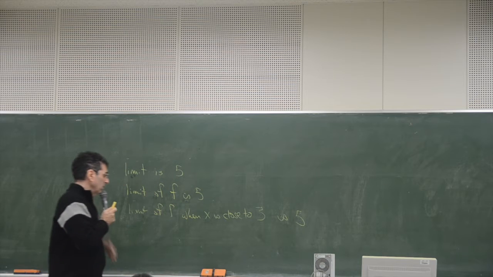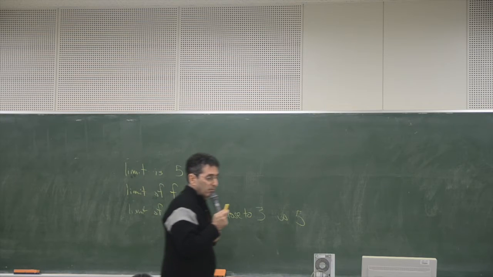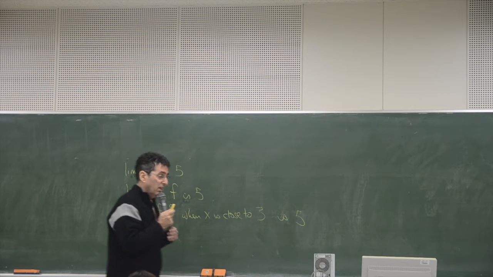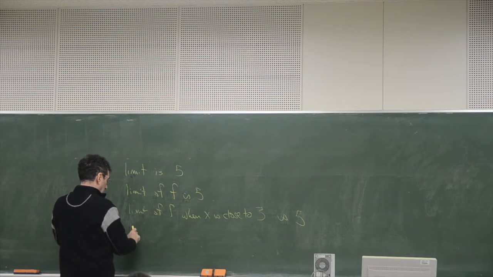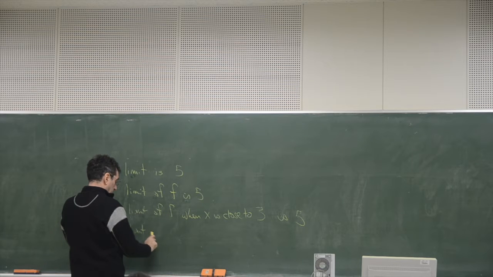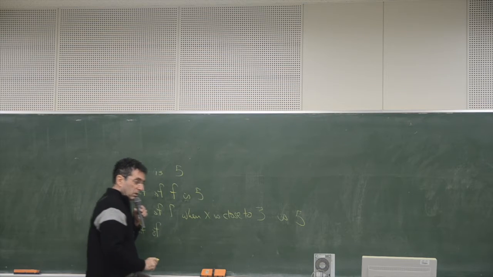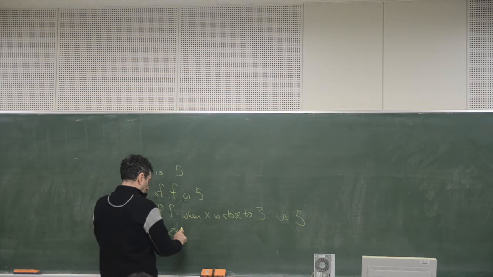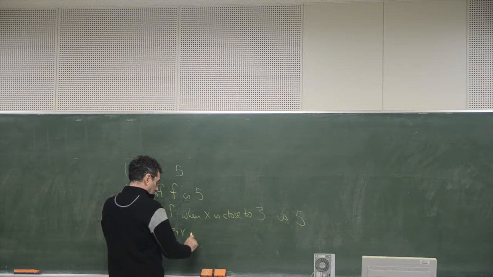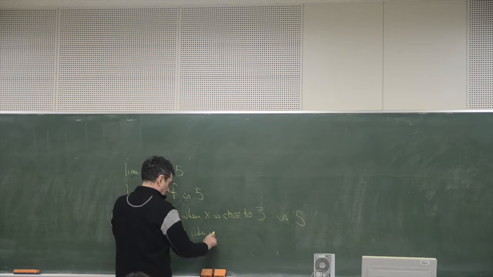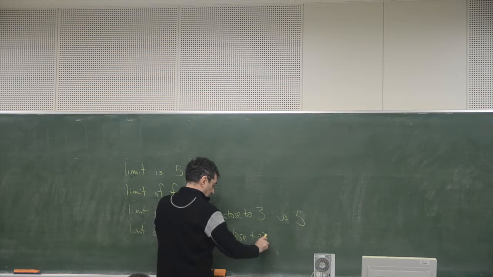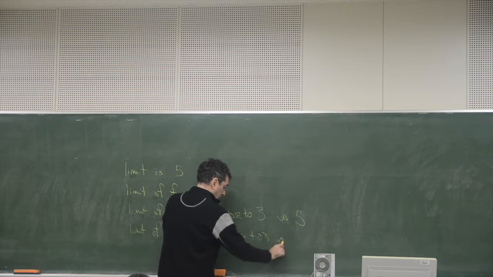Now, maybe we even want to write the function, even though we're not supposed to actually know it, but in many cases we do know the function. So we would write the limit of this specific function. What is the specific function? 2 plus x. And then when x is close to 3 is 5.